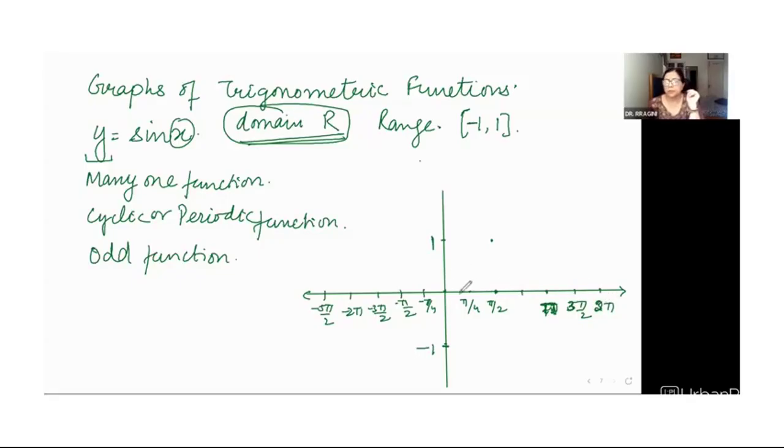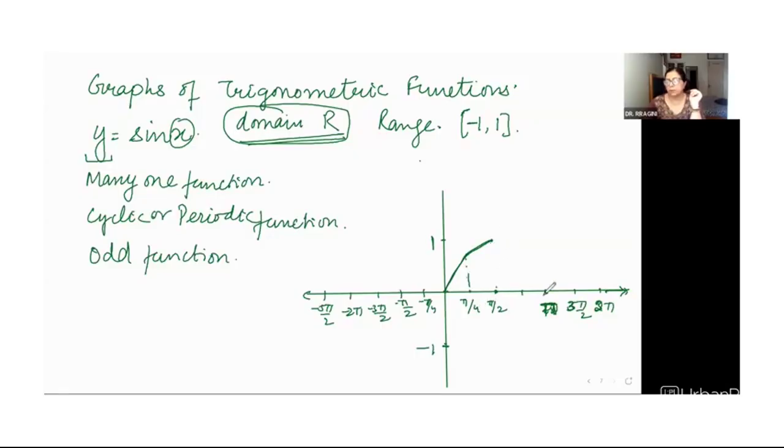See, this is 0 to pi by 2. This is 1. Sine pi is 0. Sine 3 pi by 2 is minus 1. Now sine pi by 4 is 1 by root 2.